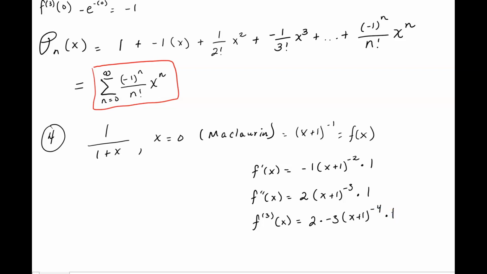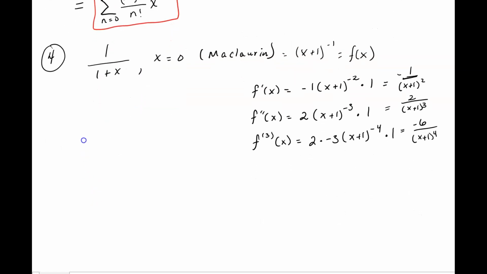All right, so let's just see what these look like really quickly. This is a negative 1 over x plus 1 quantity squared. This is a 2 over x plus 1 quantity cubed. This is a negative 6 over x plus 1 to the 4th. Okay, looks just like that.